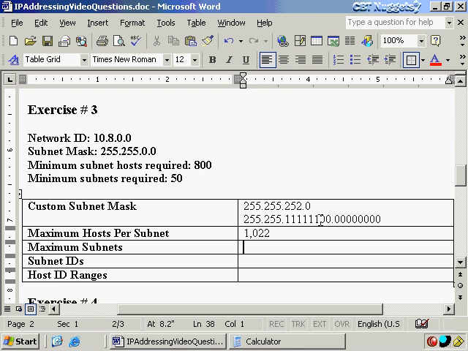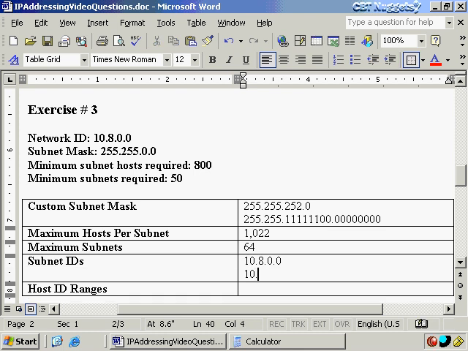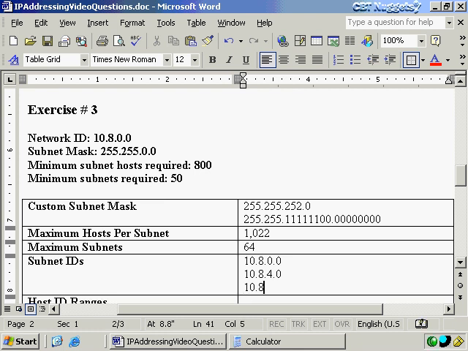And then the subnet IDs would be incremented in terms of 4. Because remember, our last bit position for our custom subnet mask is in the 4-bit position. So my first subnet ID would be 10.8.0.0. My second subnet ID would be 4 more than that, 10.8.4.0, 10.8.12.0, and so forth.